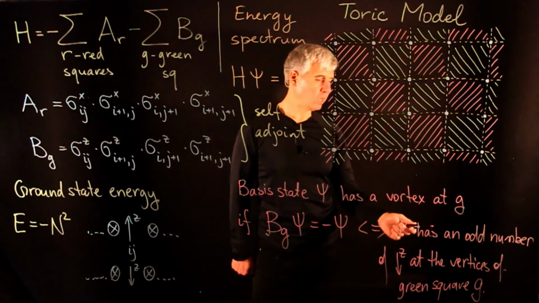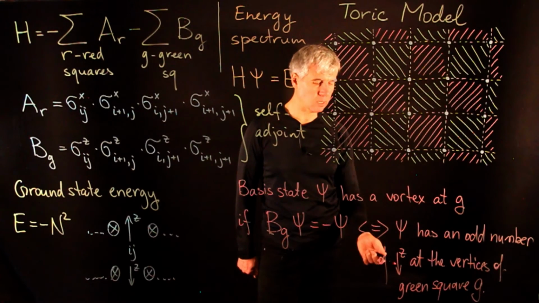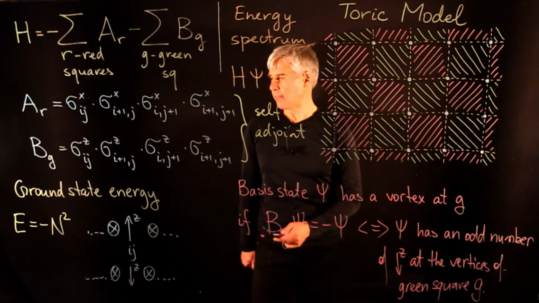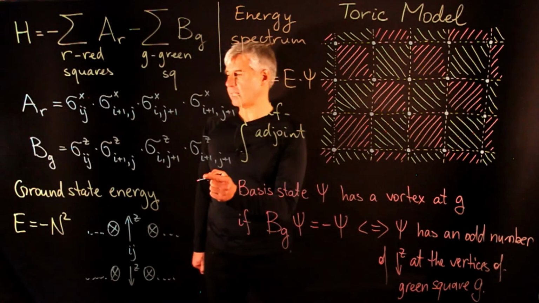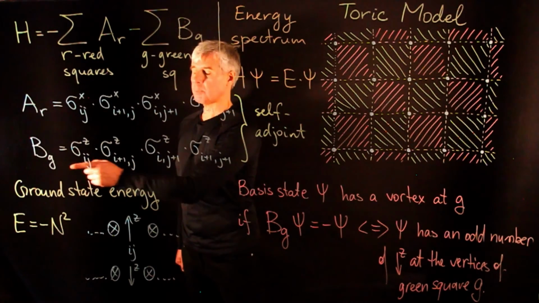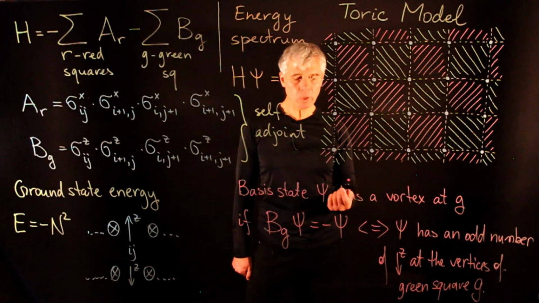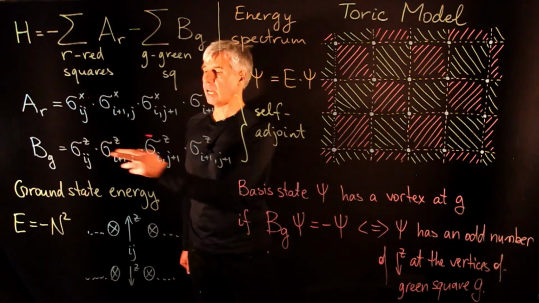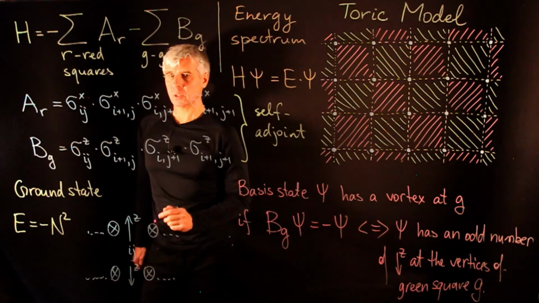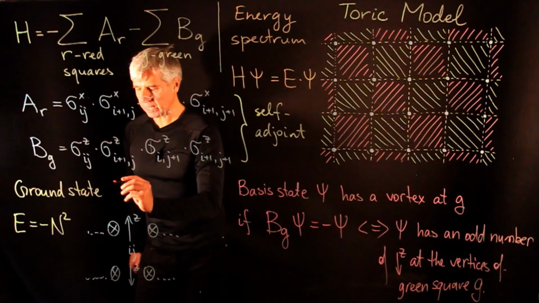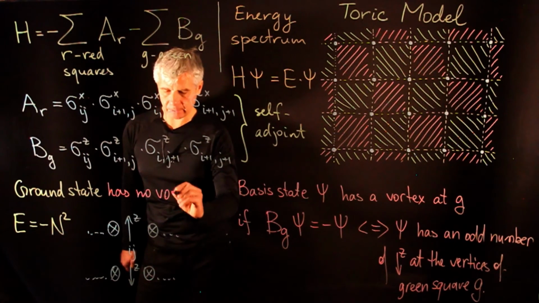And if we have an odd number of them, so 1 or 3 vertices with down z vector, then of course such a square will have eigenvalue -1 with respect to BG. And to get a ground state, what we want is we want all BG operators to have eigenvalue +1. So we conclude that the ground state has no vortices.